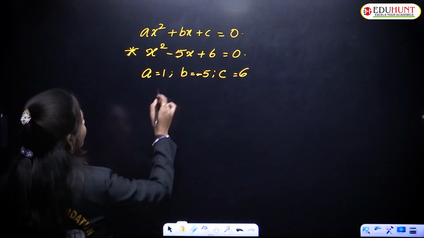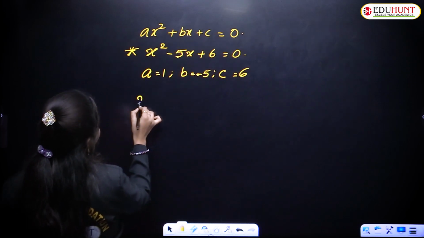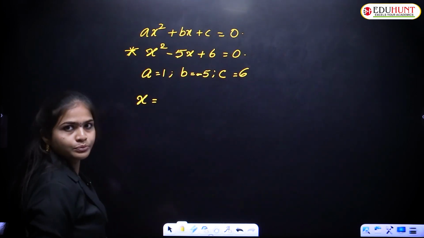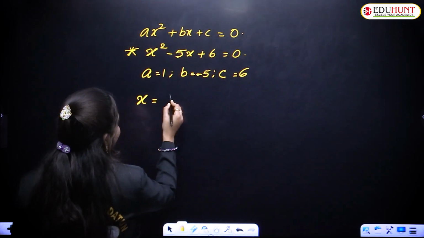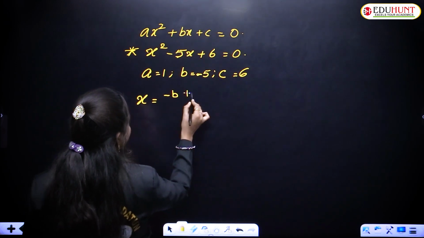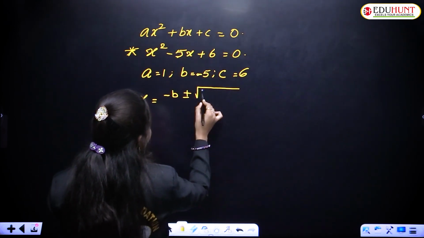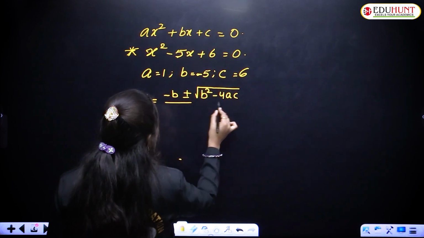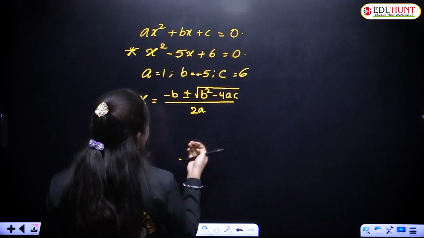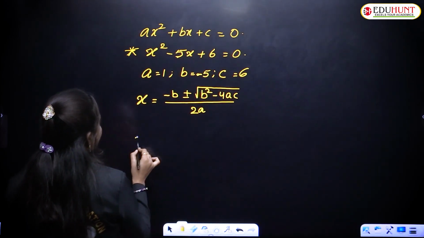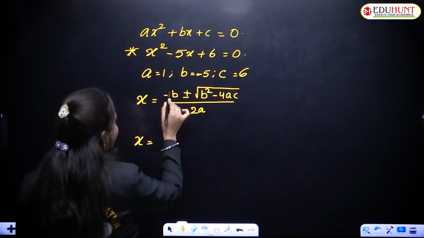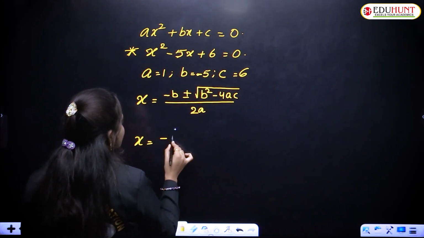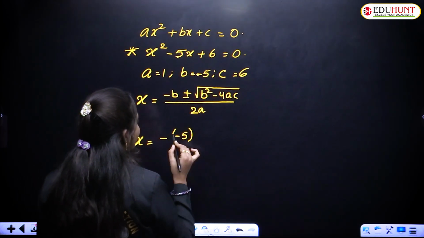Now find x. So x is equal to minus b plus or minus square root of b square minus 4ac by 2a. So here x is equal to minus b, which is minus of minus 5.